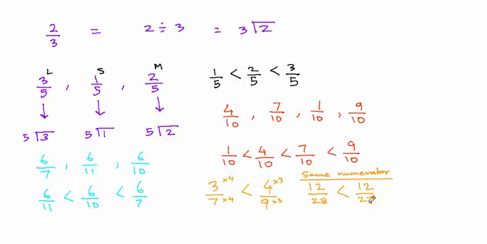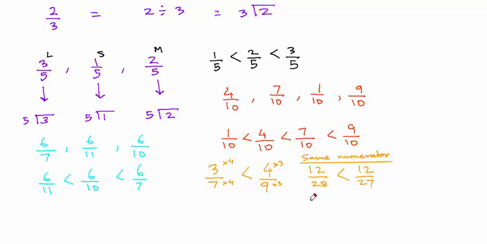What if you change them to the same denominators instead? Same denominators. The least common multiple, or LCM, of 7 and 9 is 63. So the idea is to have both fractions on the same denominator, which is 63.